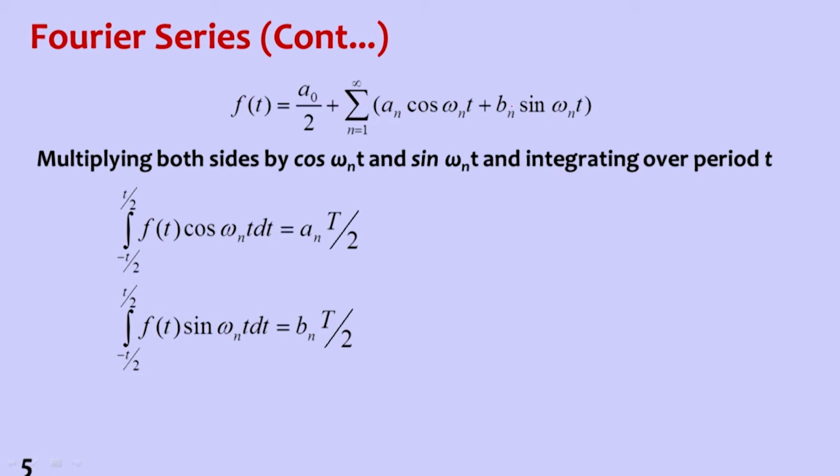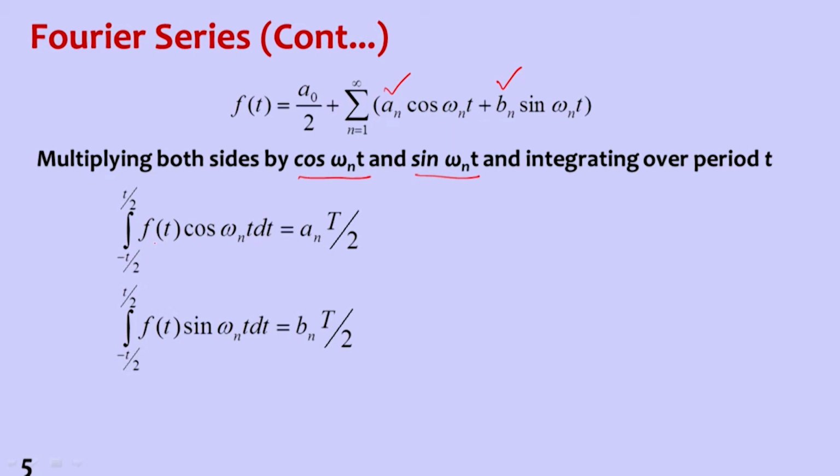So let us understand the properties, and then we need to find out what an and bn are, which are the coefficients. If we multiply both sides, left side and right side, by cos omega n t and also sin omega n t, and integrate over one period, one cycle, what are we going to get? This is a half cycle, so T by 2, and this is another half cycle, so minus half to plus half is one full cycle.